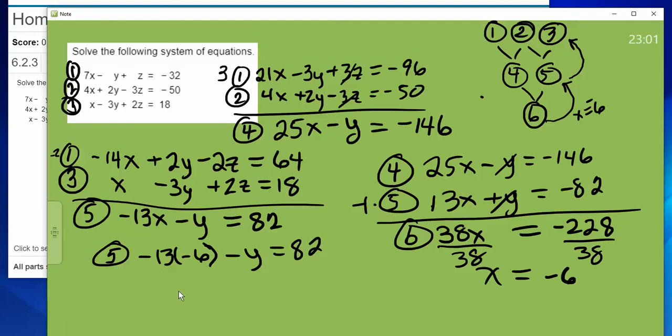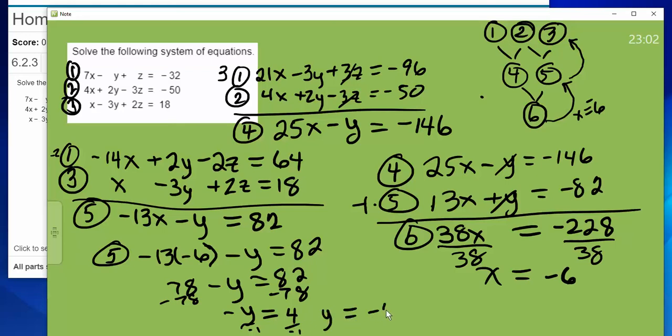So that would be 78 minus y equals 82. Subtract 78. So negative y equals positive 4. Then we're going to solve that, divide both sides by negative 1. So y equals negative 4.